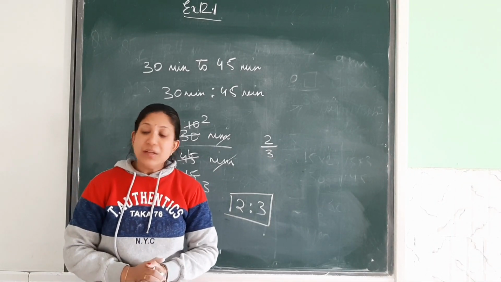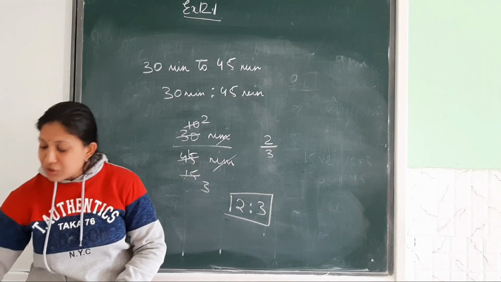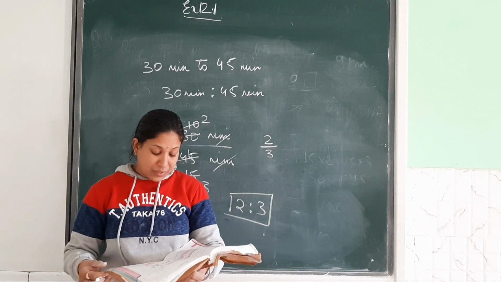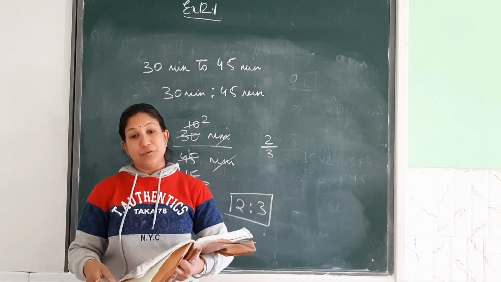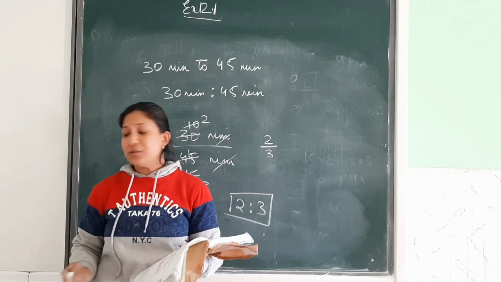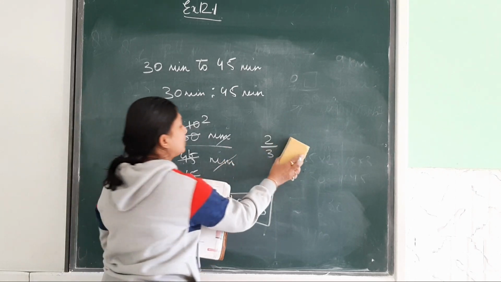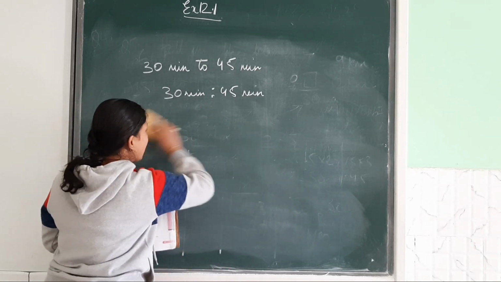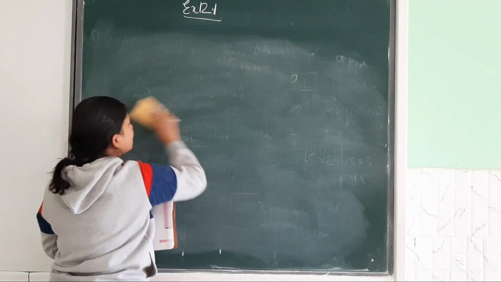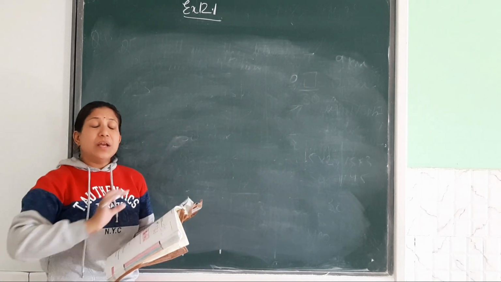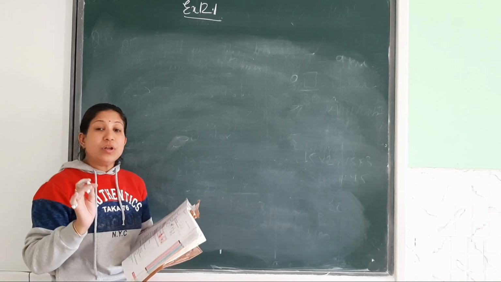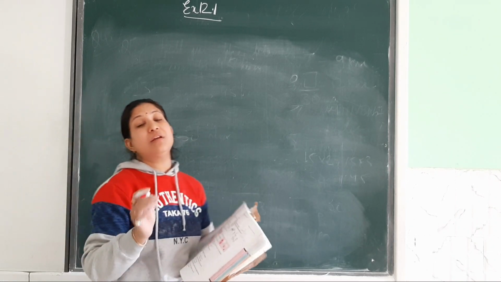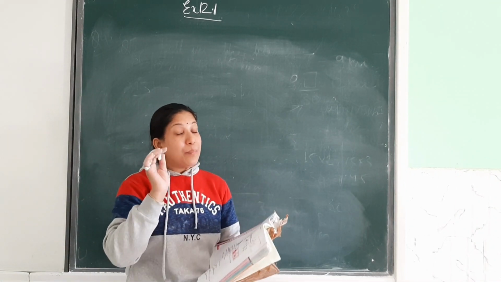Children, please try till the 6th question, and I am pretty sure that the 7th question will also be very easy for you. Let me give you one hint to solve the 7th question. See children, these questions are very similar. You don't have to think about any formula. You have to only pay attention.